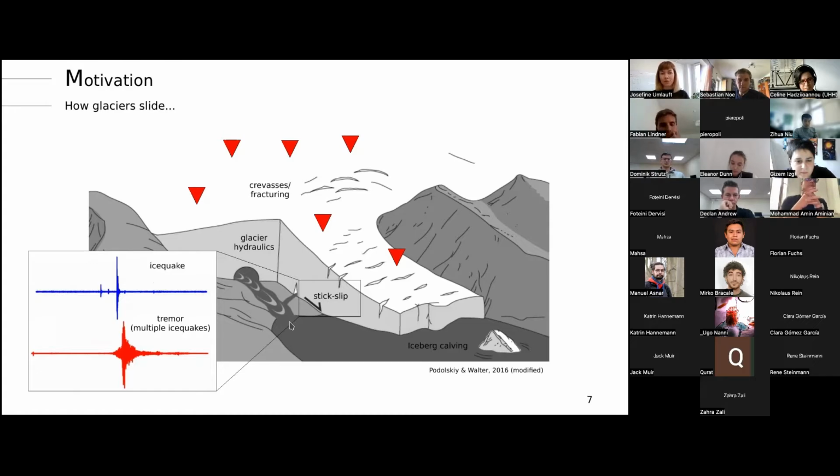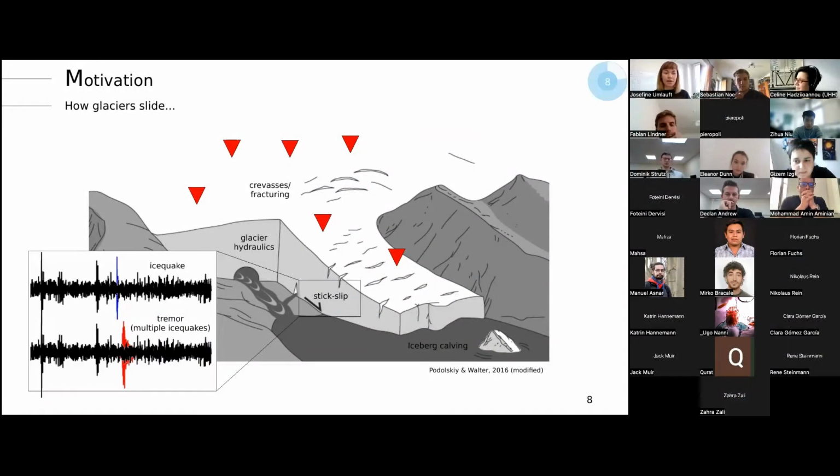But often, if we measure seismic data on top of the ice, as borehole sensors are just very expensive and challenging to maintain, we often see signals like that. So we have a very high noise level, and often the signals that we actually want to observe are hidden in that seismic noise.